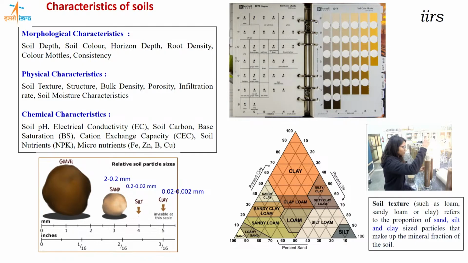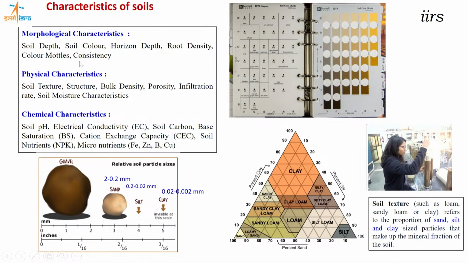When we want to characterize the soil, we characterize it based on morphological characteristics: soil depth, soil color, horizon depth, root density, color mottles, consistency of the soils. Physical characteristics: texture, structure, density, porosity, infiltration rate, soil moisture characteristics. Chemical characteristics: pH of the soils, electrical conductivity, carbon, nutrients, CEC, micronutrients.